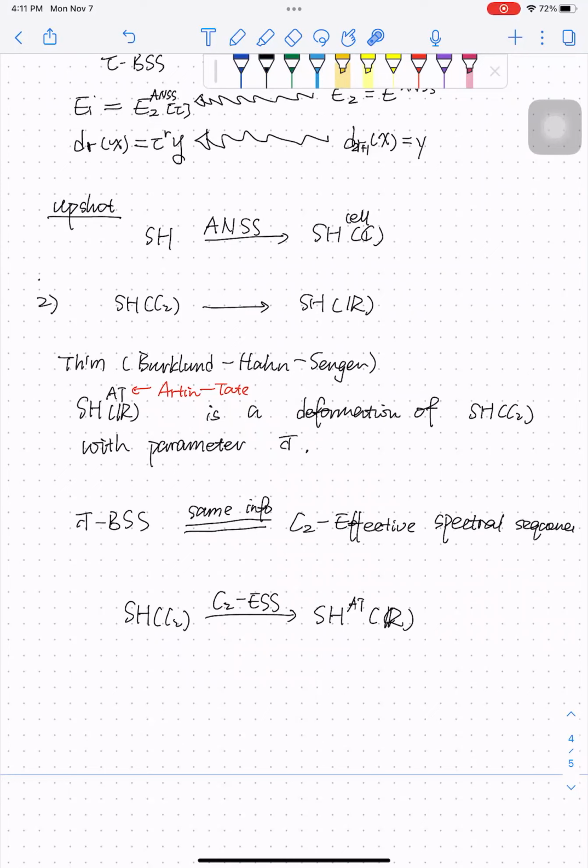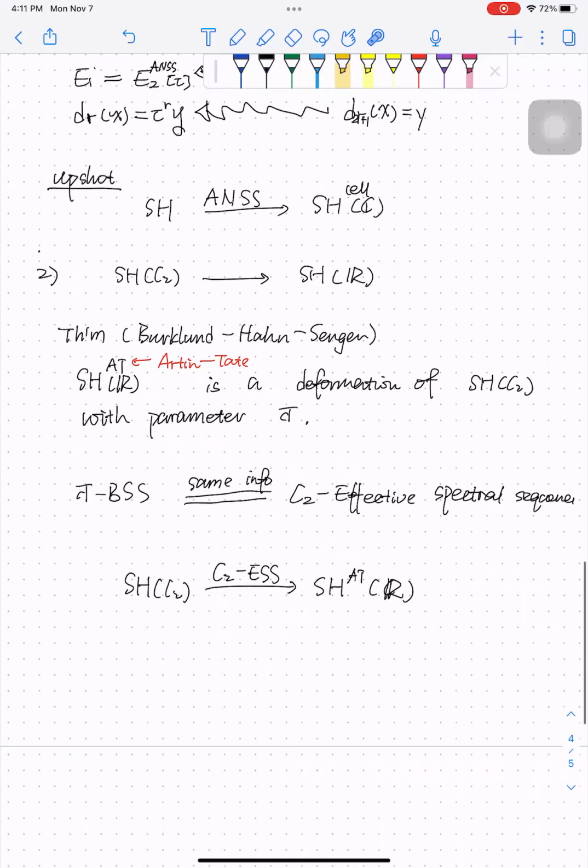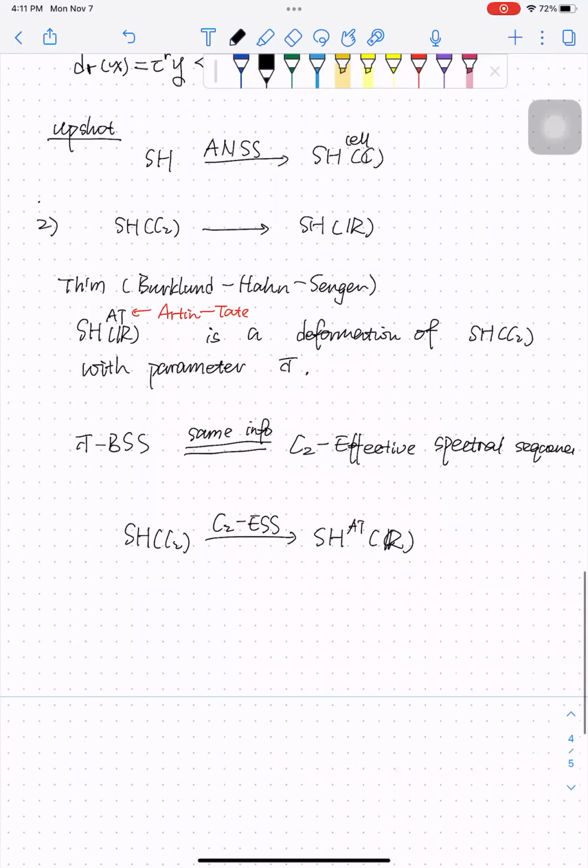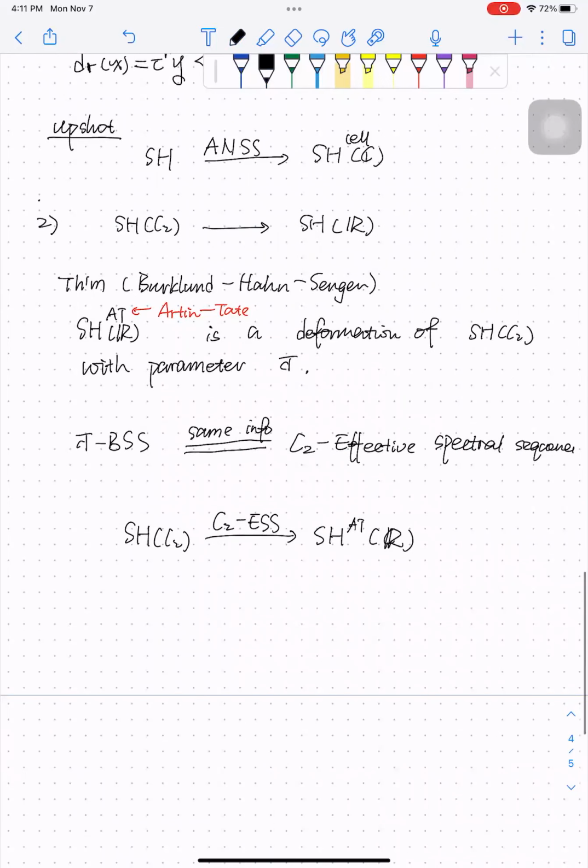But that requires that we understand how the C2-effective slice spectral sequence is constructed, and see if we can generalize that construction to the CP-equivariant case.